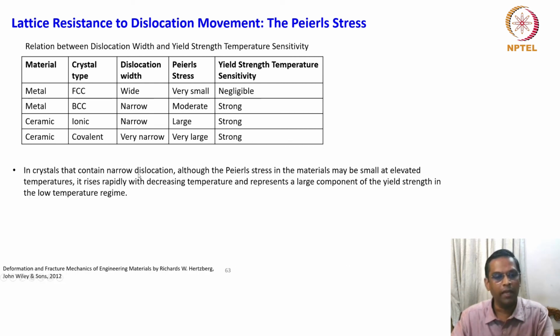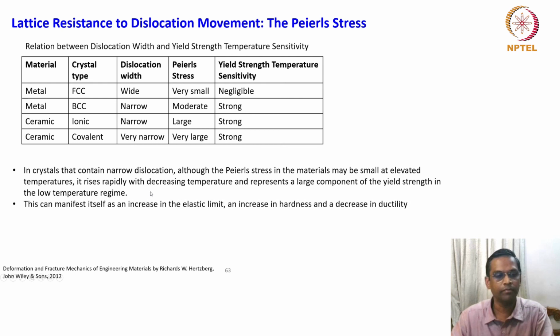So what does it say? In crystals that contain narrow dislocations, although the Peierls stress may be small at elevated temperature, it rises rapidly with decreasing temperature and represents a large component of the yield strength in the low temperature regime. This can manifest itself as an increase in the elastic limit, an increase in the hardness, and a decrease in ductility.